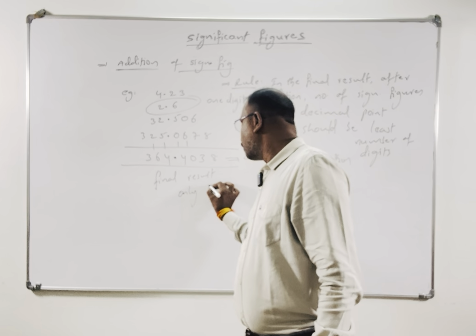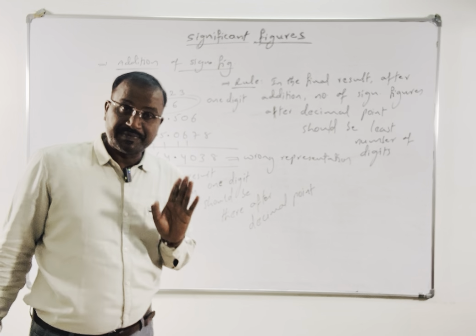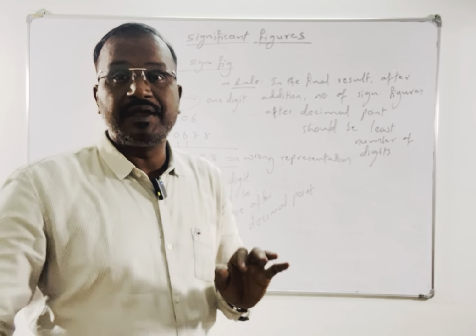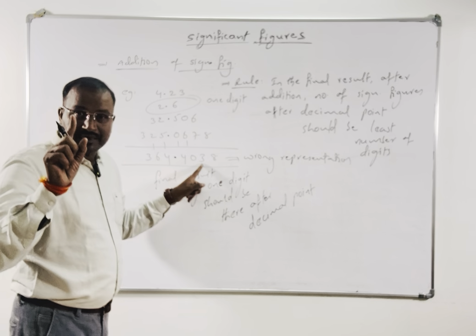Round off is very, very important. Please be careful. How do we do that round off? If any number is more than 5, the digit before it should be increased by 1.